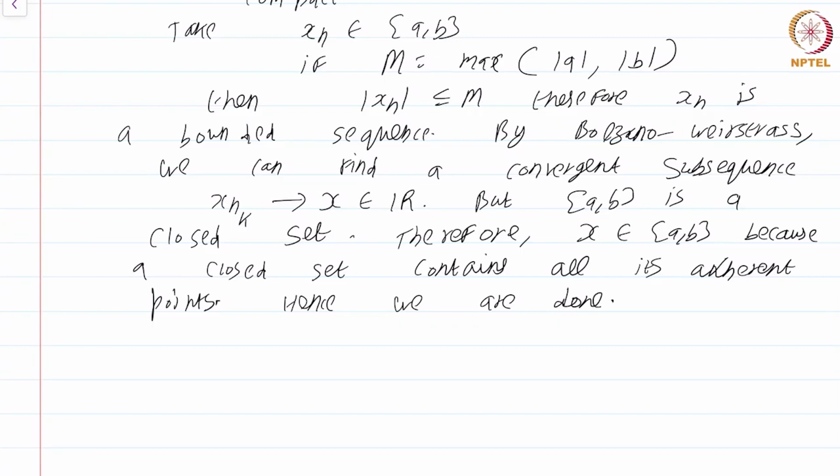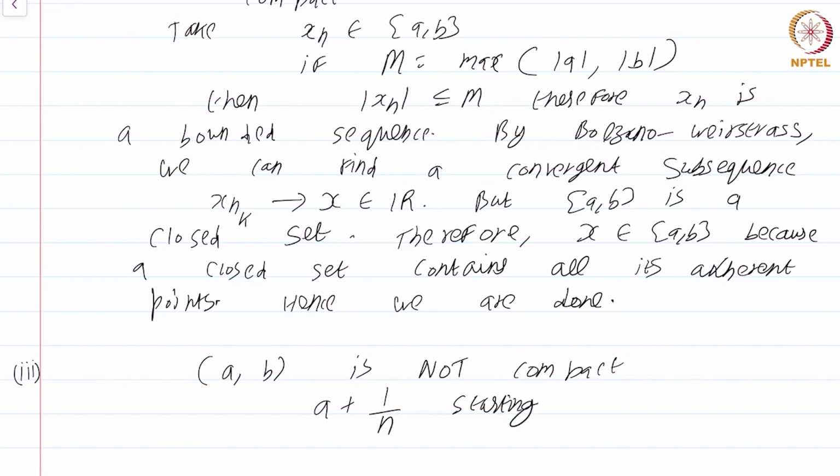Now, example 3 is sort of an anti-example. The open interval (a, b) is not compact. Why? Because we can just take the sequence a plus 1 by n, starting at n suitably large, because the width of this interval need not be greater than 1. This sequence converges to the point a.